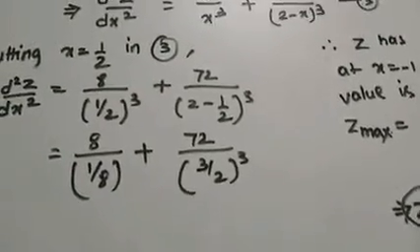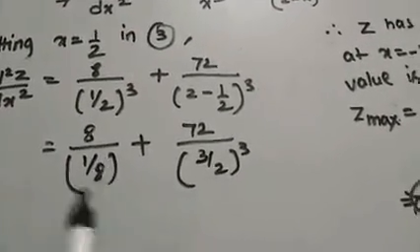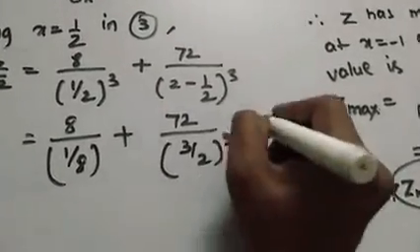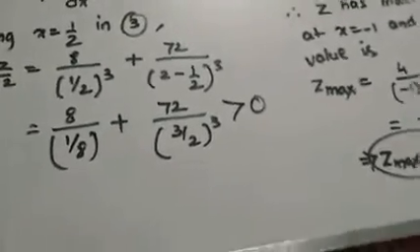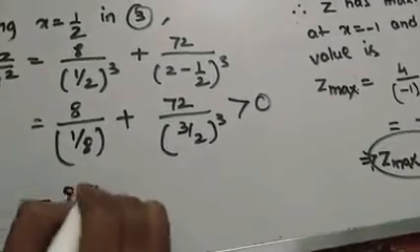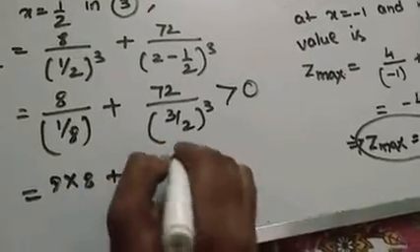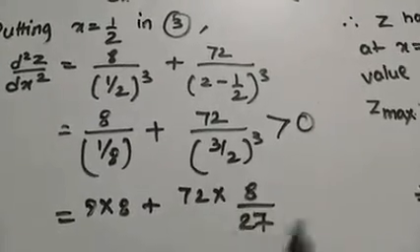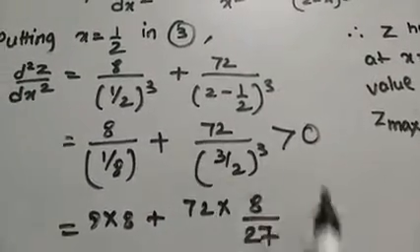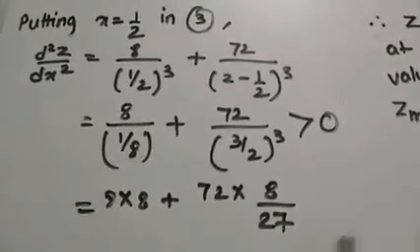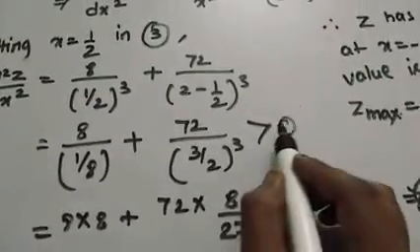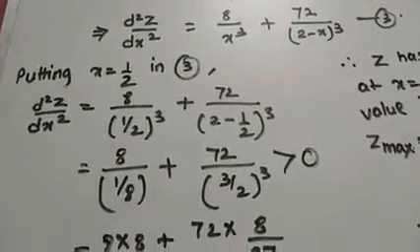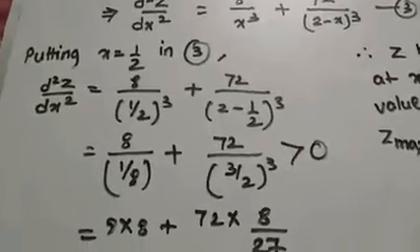You can simplify further, but I will not, because all the terms are positive, so it is clearly showing that the outcome will obviously be greater than 0. You can simplify, that means here you can write 8 into 8, and its whole cube means 8 by 27. 3 by 2 whole cube is 27 by 8, it goes to the numerator, that's why 8 by 27. After simplification you will definitely get a positive number, so that's why I am directly writing greater than 0. So for x equals half, z gives us the minimum. So let us find that minimum value.